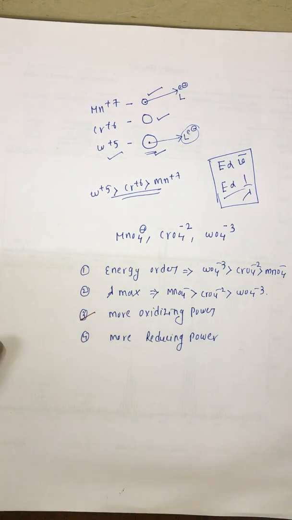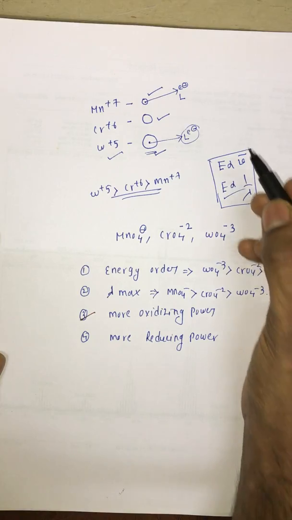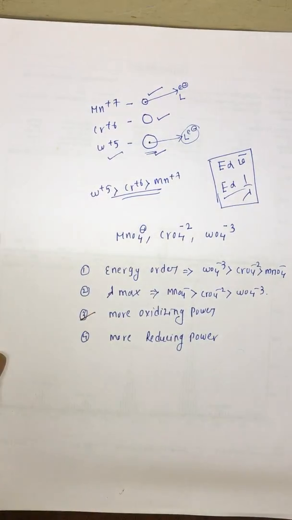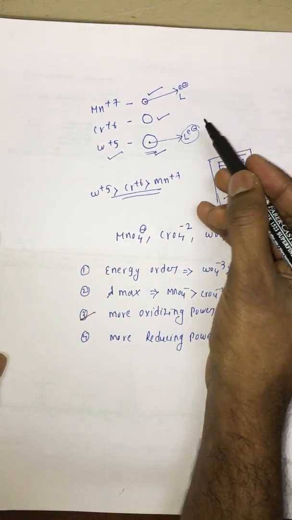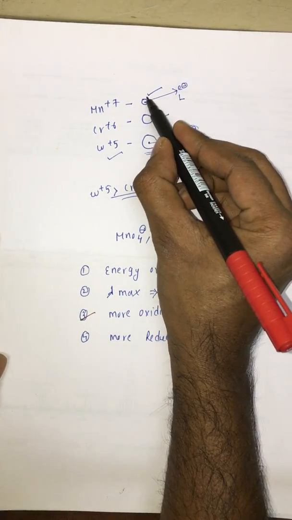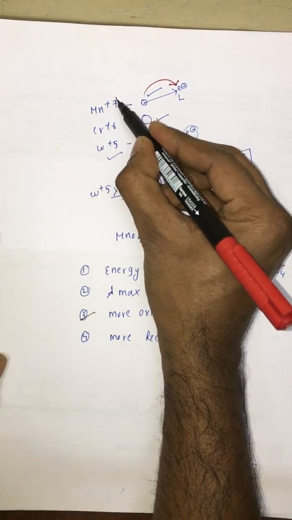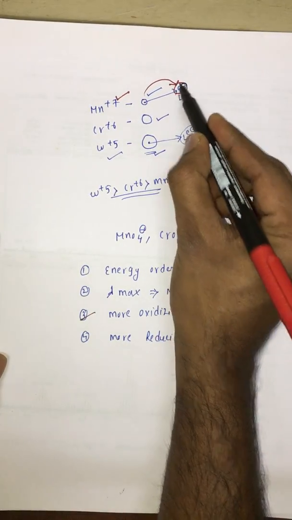This is very important. Just remember that for complexes having less size, this is the nucleus and this is the electron, so the nucleus can easily attract this electron. That means it has more power to attract this electron.